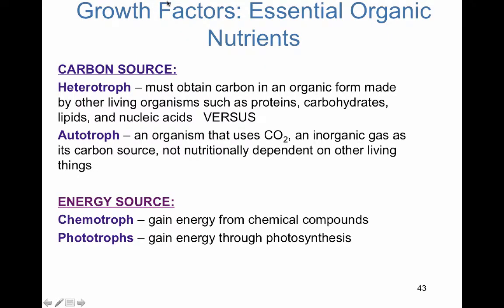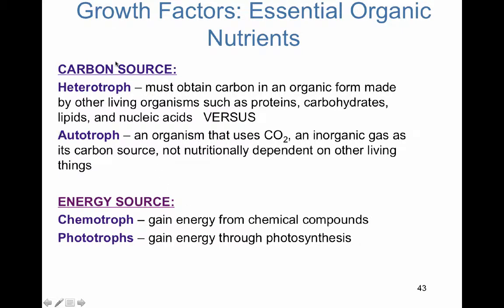Now, I mentioned that microbes are extremely diverse with how they can carry out their basic metabolism. So there are some microbes that function as either a heterotroph or an autotroph. And as far as their energy source, they can even use light. They can gain energy through photosynthesis, or a chemotroph gains energy from chemical compounds.